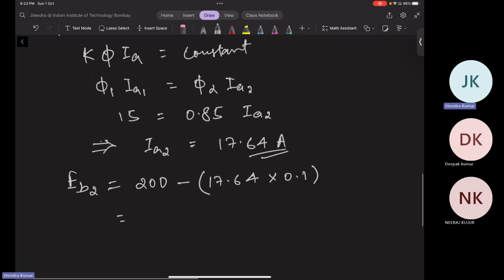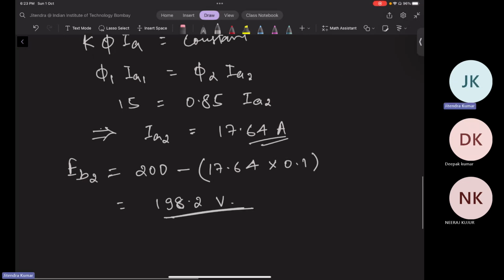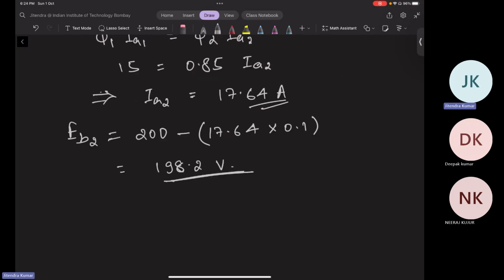It will lead to 198.2. So in a steady state, we have a reduction in back EMF from 198.5 to 198.2, only 0.3 volt of difference. This 0.3 volt difference will lead you to a certain new speed that we will compute here.